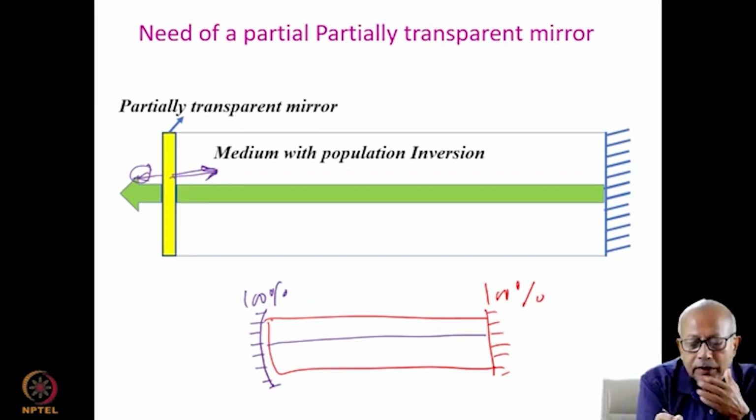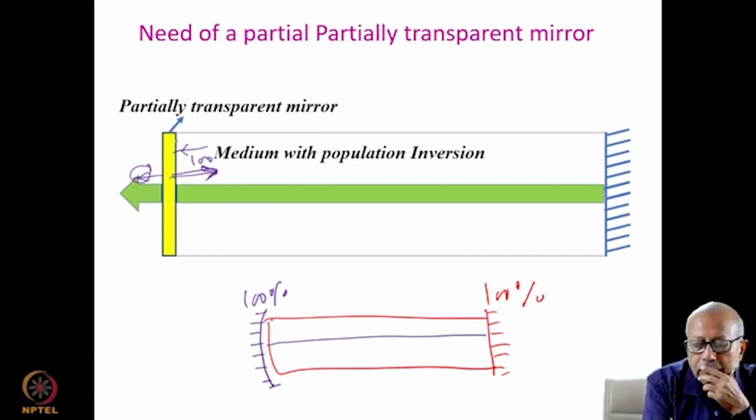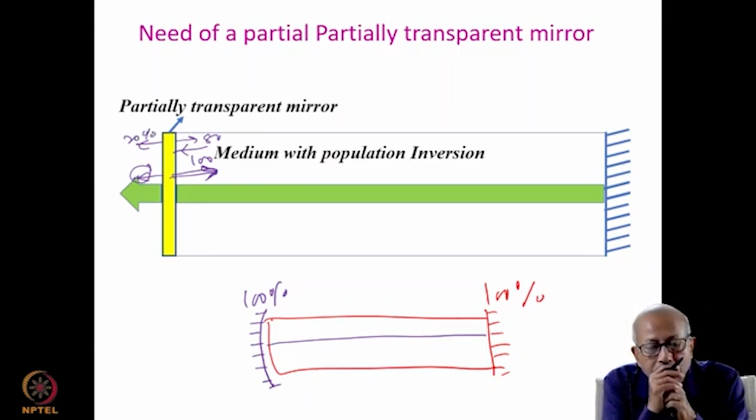What I mean by that is, suppose 100 photons fall on it, and it reflects 80 of them and transmits 20, then 20% is the transmission of the cavity.